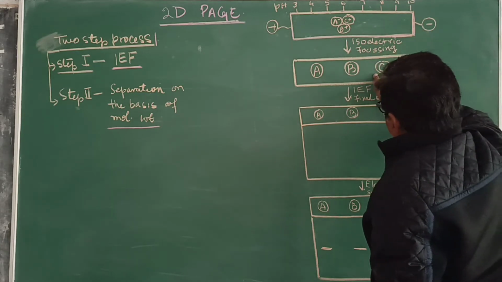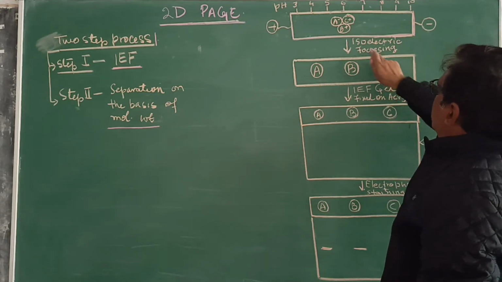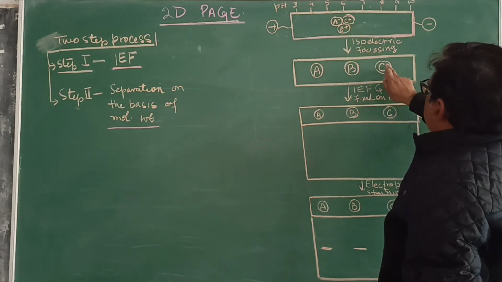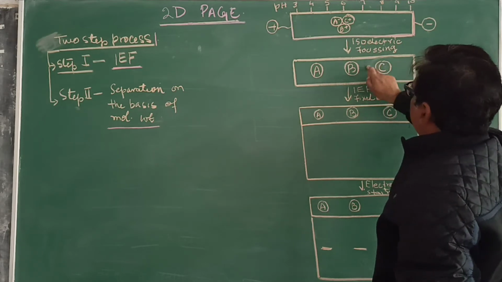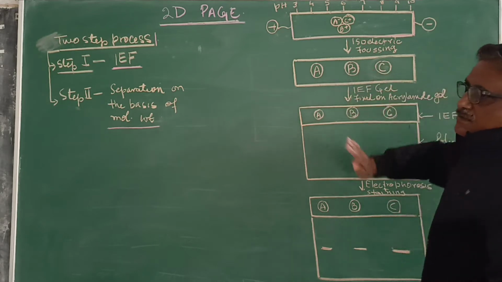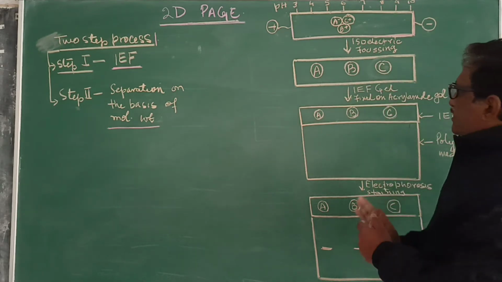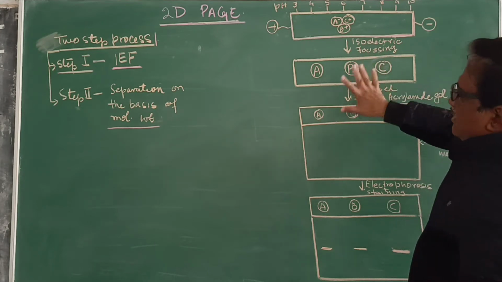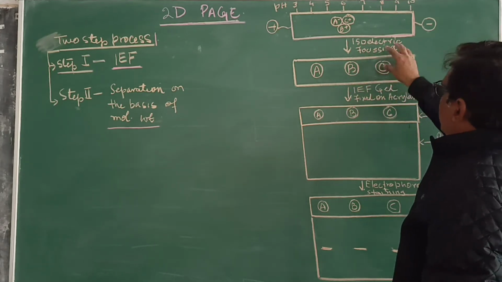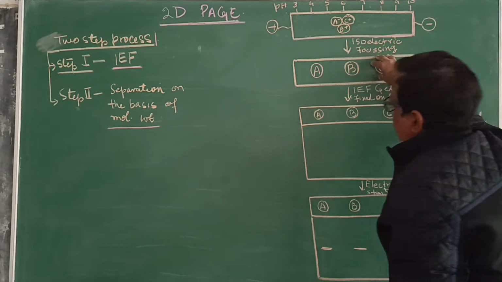So suppose this is protein C; it will stop at this very point, where it has no net charge. That means the charge on this protein is virtually 0 at this point, so it will stop here.